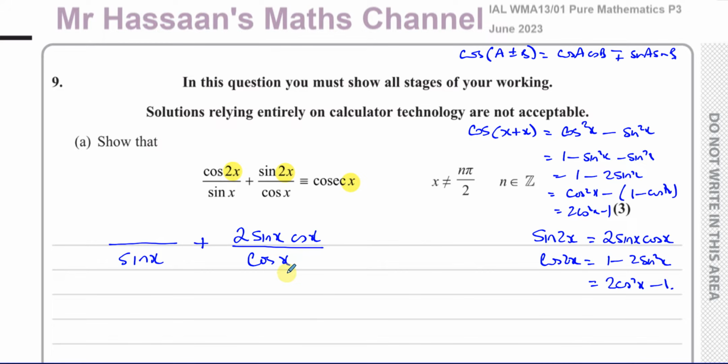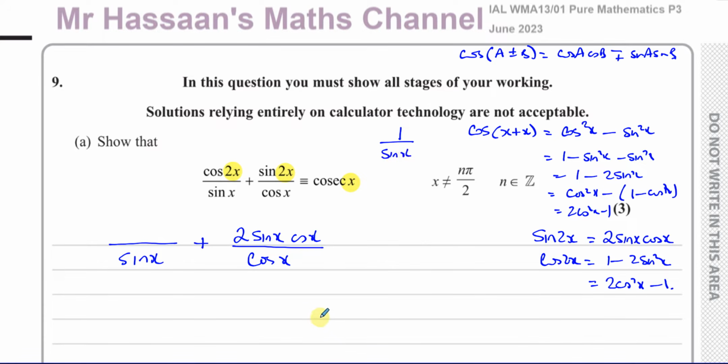Can we write it as 1 minus 2 sine squared x, or should we write it as 2 cosine squared x minus 1? How is that going to help us? We have to end up with cosec x. Remember, cosec x is 1 over sine x.